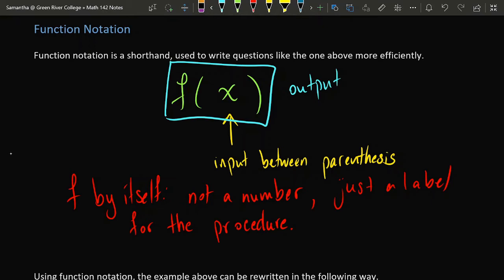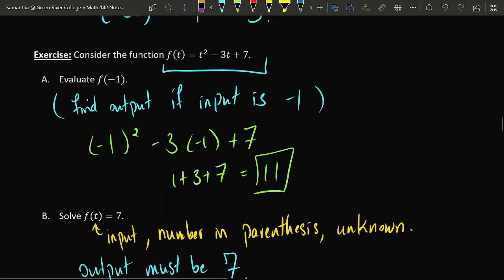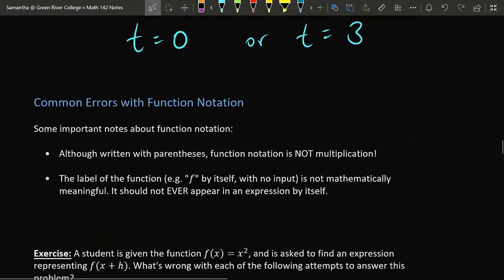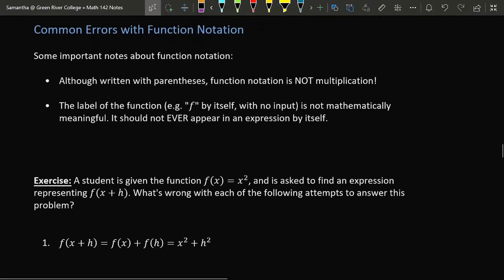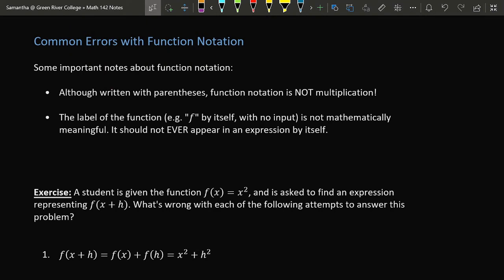And because of that ambiguity, a lot of common errors are made by students who mix up multiplication and function notation. There are two important notes about function notation that can help you to avoid making these common errors. The first one is that although it is written using parentheses, function notation is not multiplication. Function notation does not behave like multiplication. Same representation in symbols, but a completely different rule set.